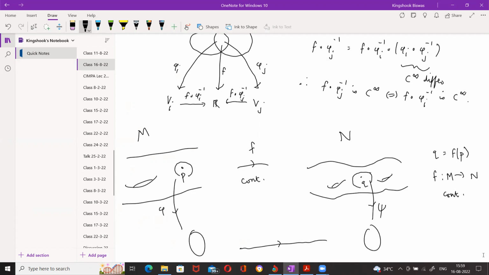This will be psi F phi inverse. This is well defined. This map I want to be smooth. Then I'll say that F is smooth.